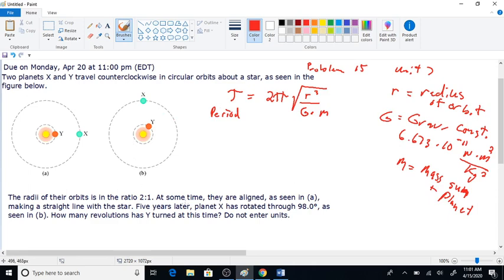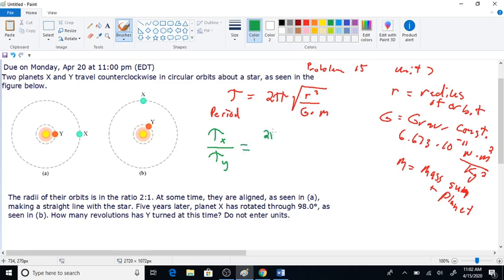Okay, so we want to know how many degrees this little planet turns. Well, if we knew the ratio of the orbits, so the ratio of the periods of the orbit, it would be useful to this equation. So I did the orbital period of planet X over the orbital period of planet Y. And we're going to fill in here.